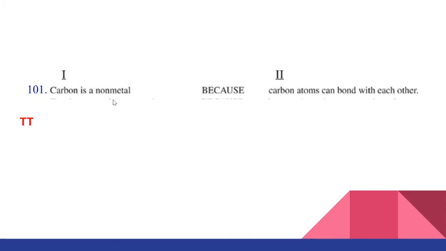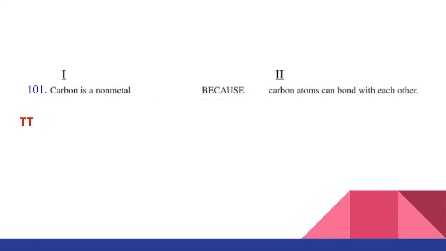Now, is it because carbon is a non-metal that carbon atoms can bond with each other? No. So first you would write, okay, statement 1 is true, statement 2 is true. Now, is statement 1 true because of statement 2? Not exactly, right? It's not because carbon is a non-metal that carbon atoms can bond with each other.